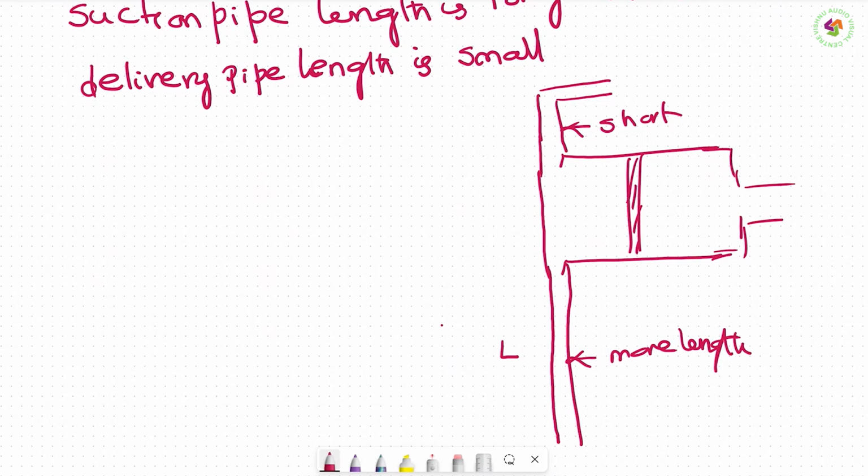Then what will happen is that some of the liquid, without entering the cylinder, directly enters the delivery pipe.